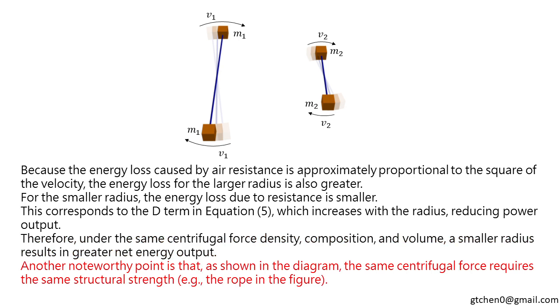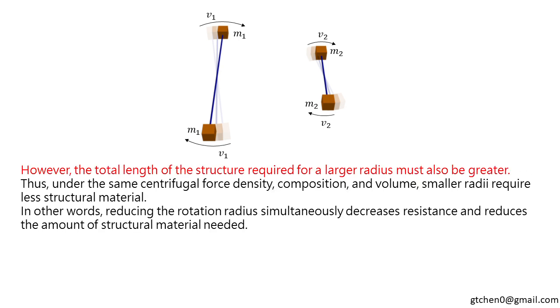Another noteworthy point is that, as shown in the diagram, the same centrifugal force requires the same structural strength, e.g., the rope in the figure. However, the total length of the structure required for a larger radius must also be greater. Thus, under the same centrifugal force, density, composition, and volume, smaller radii require less structural material.